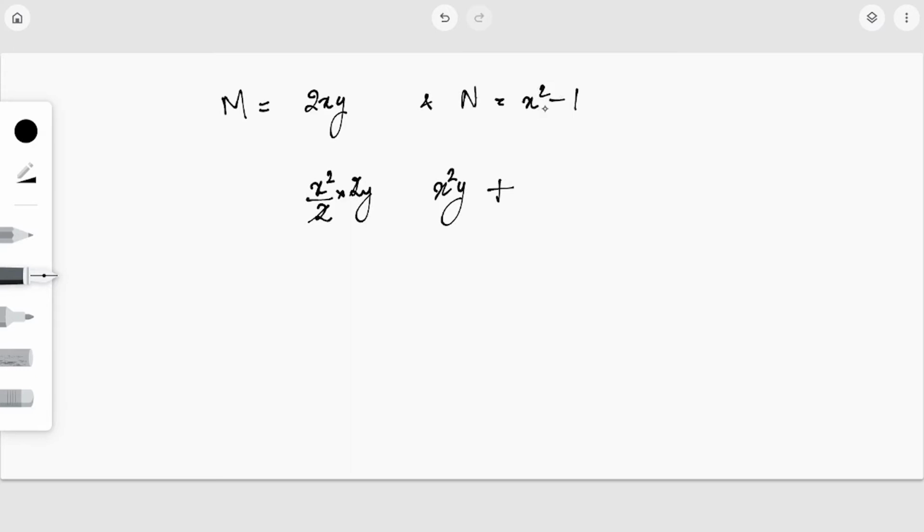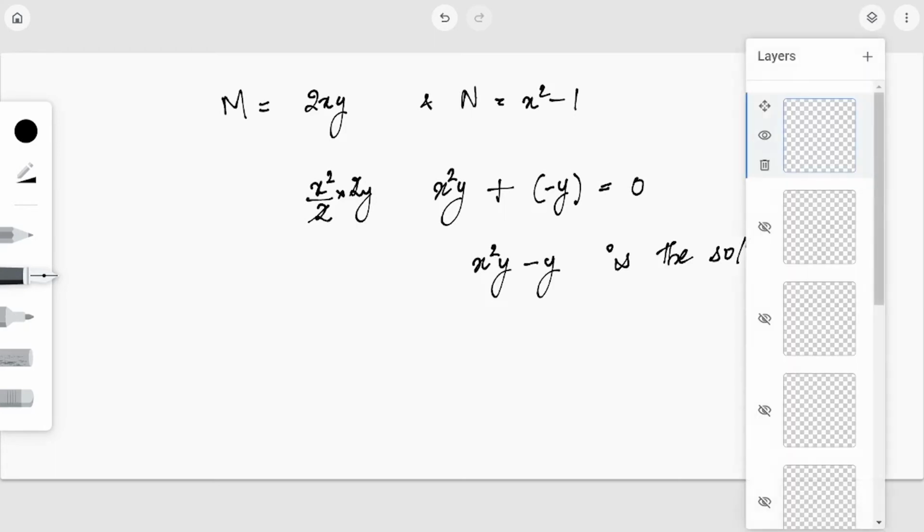Here, x square is a term containing x, so we don't have to consider that. We just have to consider minus 1. The integral of minus 1 with respect to y is nothing but minus y, and put that equal to some constant, or say equal to 0. So x square y minus y is the corresponding solution. This is how we determine the solution.